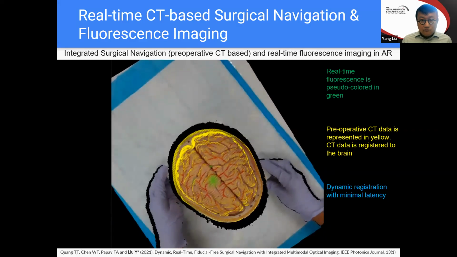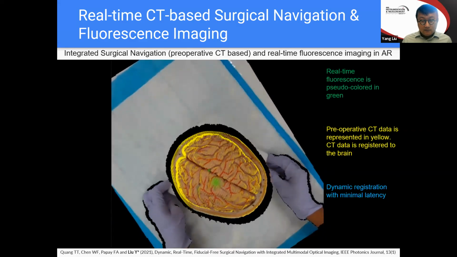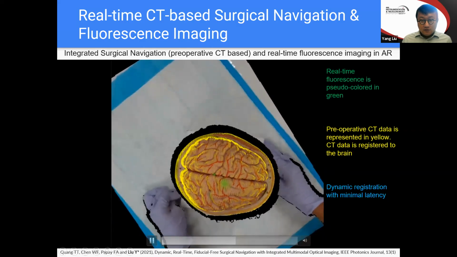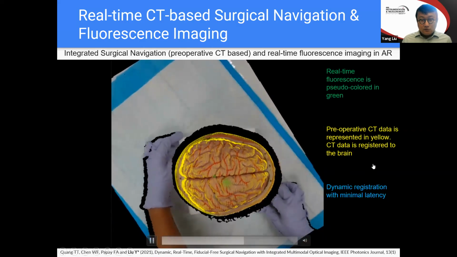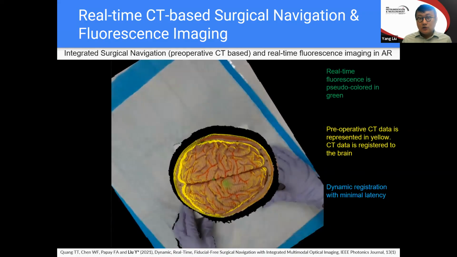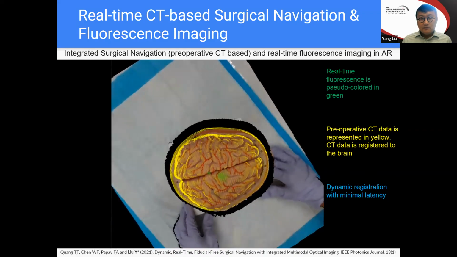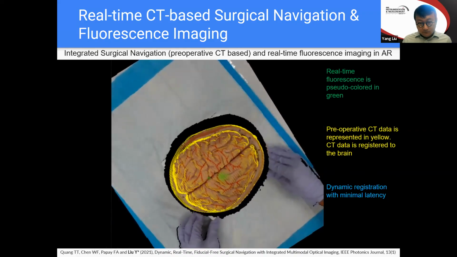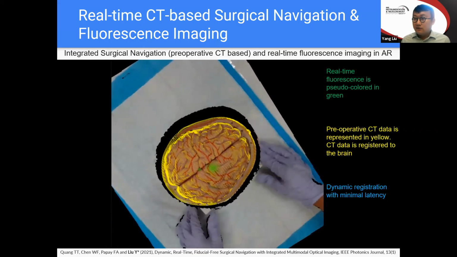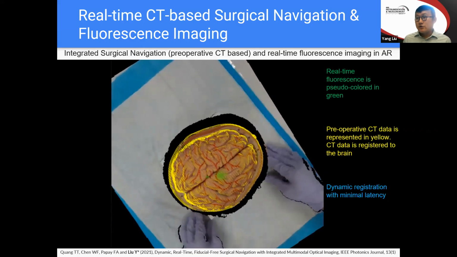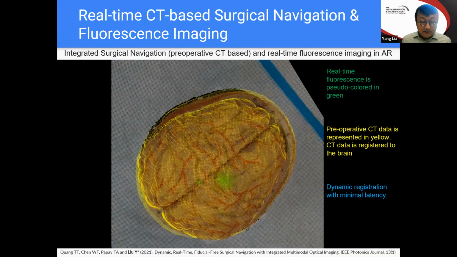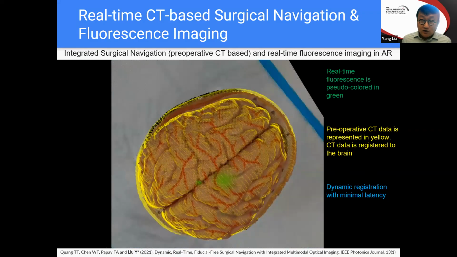As we're moving the target, the image registration and surgical navigation is being updated in real time, with very minimal delay. So instead of waiting for 30 minutes for image registration and imposing additional radiation, surgical navigation can be updated with accuracy in real time.